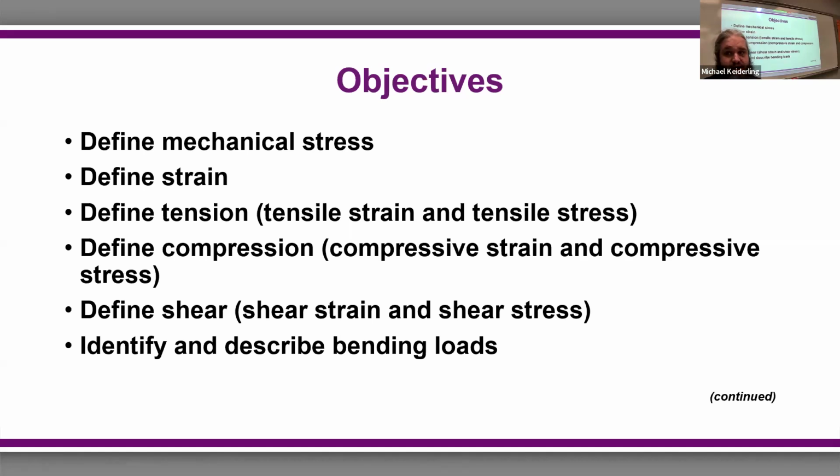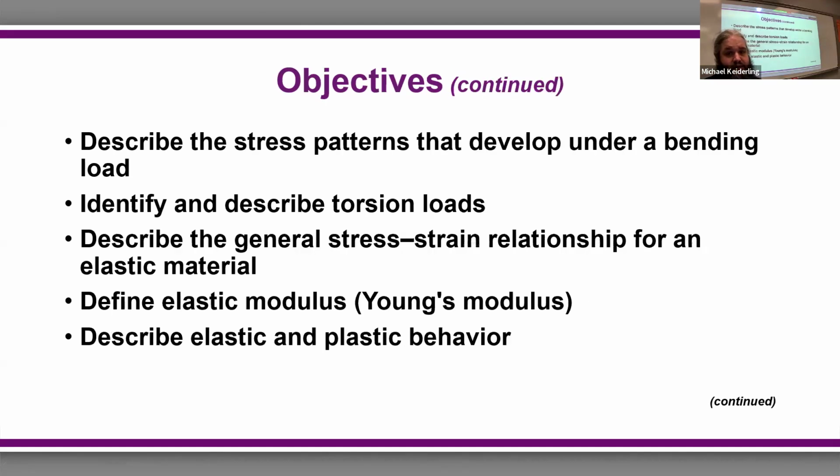We'll identify and describe bending loads and how they combine multiple types of stress. They combine tension and compression and can also combine shear. We'll describe the stress patterns that develop under bending loads.